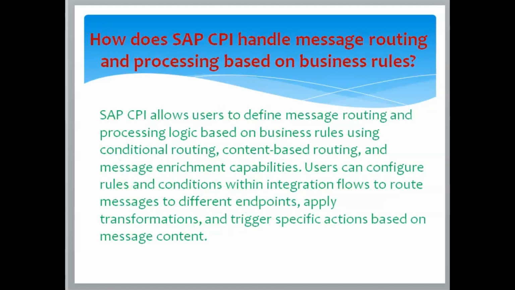How does SAP CPI handle message routing and processing based on business rules? Answer. SAP CPI allows users to define message routing and processing logic based on business rules using conditional routing, content-based routing, and message enrichment capabilities.